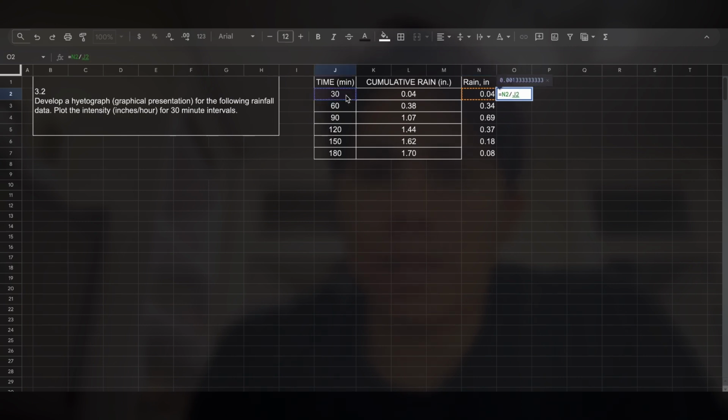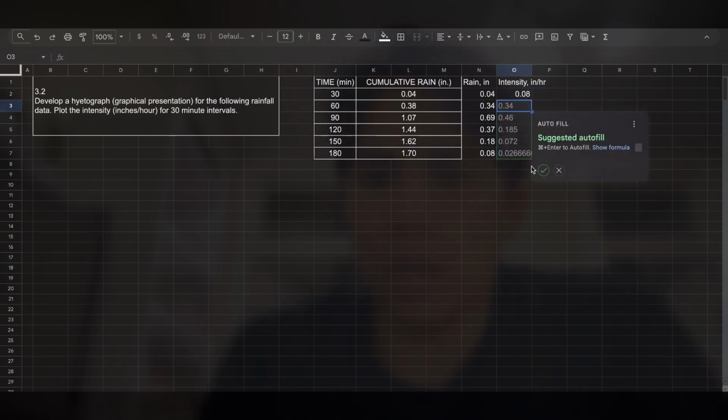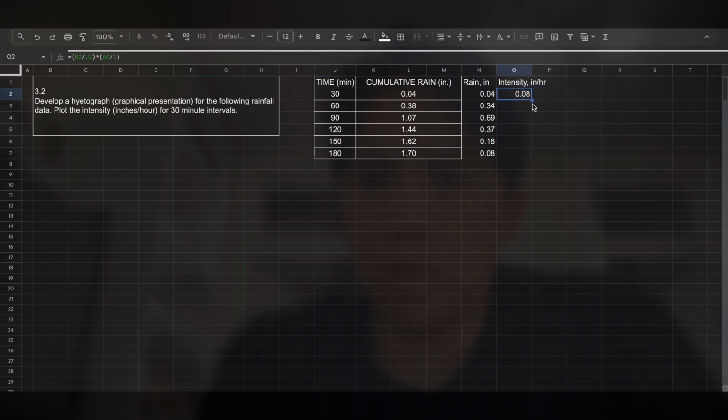But in our case, it's 30 minutes, so we need to convert it to hours, right? We don't want inches per minute, we want inches per hour. So we need to multiply this times 60 minutes in 1 hour. Okay, so we have to make this an absolute reference, and hopefully now it's gonna work.